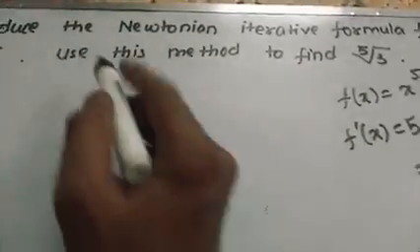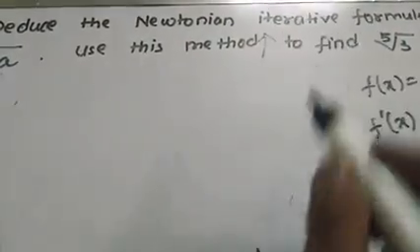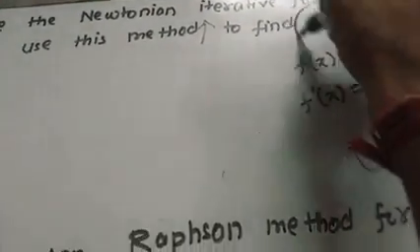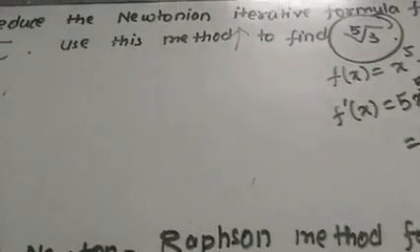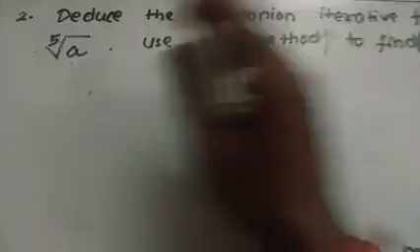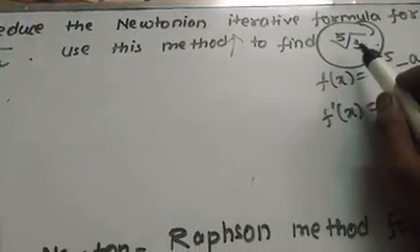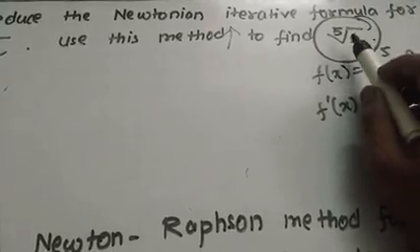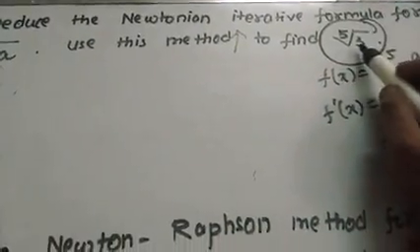Now the second part, use this method, that means the above method, to find the fifth root of 3. We have already constructed the formula for the fifth root of a. Now the second part asks us to find the value of the fifth root of 3. That means in place of a, we just put 3.